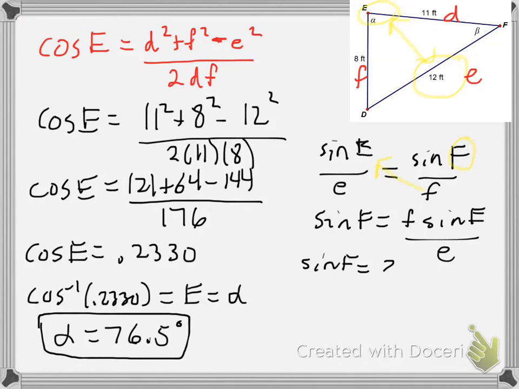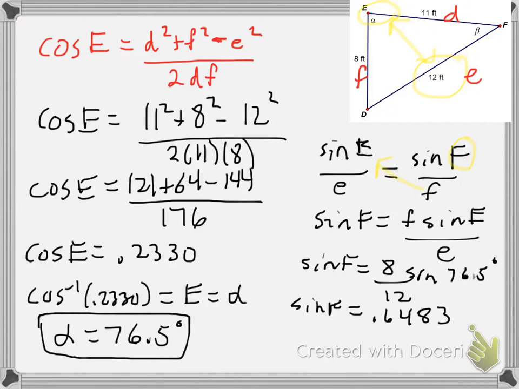So we got 8 over 12 sine, and we said E was 76.5 degrees from our previous calculation. Now remember, I have 76.52891916, so that's what I'm going to use from the answer key. I'm going to put that in the calculator to get sine F equals 0.6483.